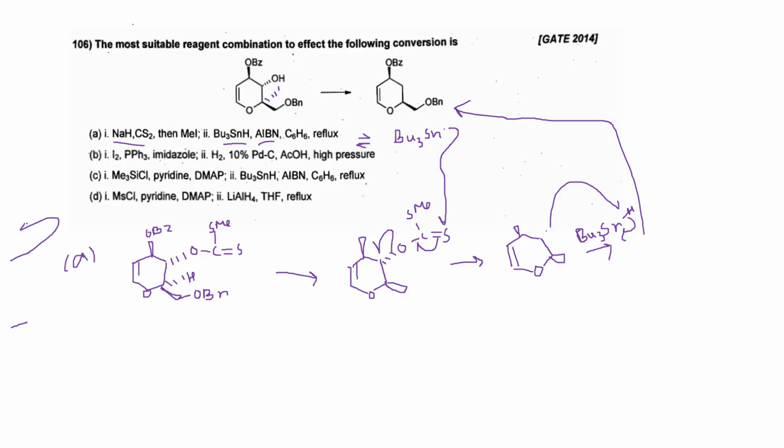So why not B? By seeing the second reaction you can eliminate it, because they have added H2/Pd. We know that H2/Pd is prone to reduce double bonds. As there is a double bond already in this place, it is prone to reduce this double bond also, but in the product the double bond was intact, so B will not be our desired process.